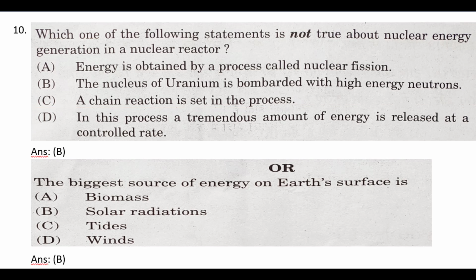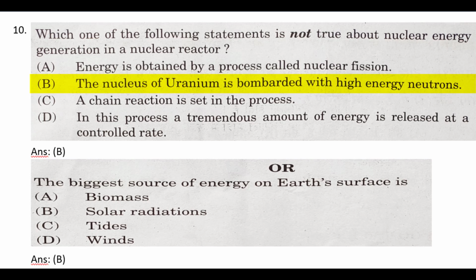In nuclear energy generation, there are two processes: one is fission and another is fusion. In fission, low energy neutrons should be bombarded on the nuclear fuel, generally uranium. Nuclear fission is also a chain reaction and it produces a tremendous amount of energy.